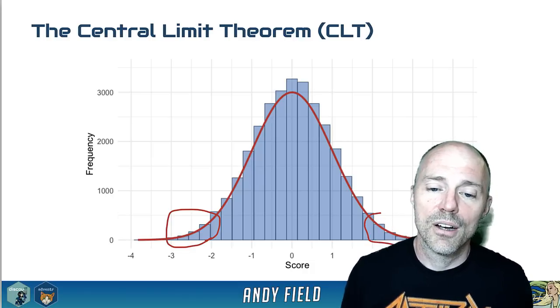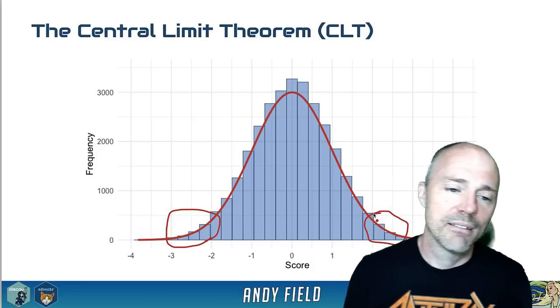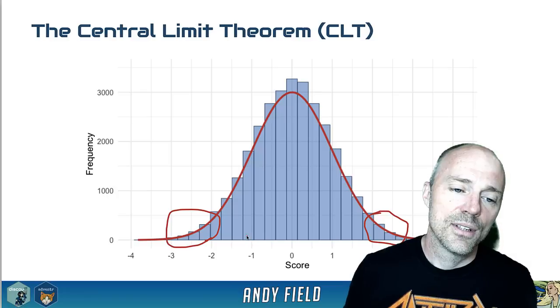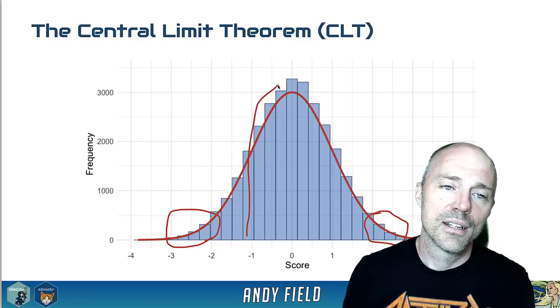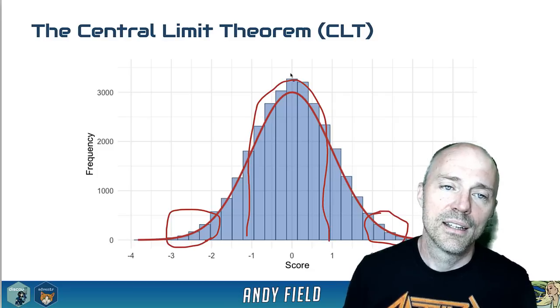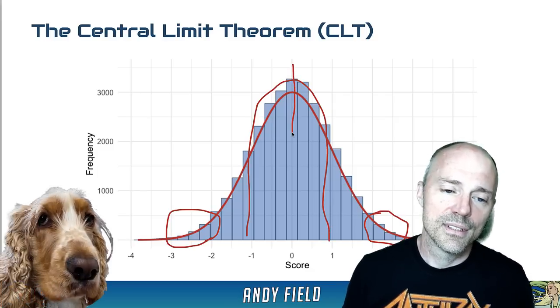So the frequency of high scores is also very small, and you get the bulk of scores occurring in the middle of the distribution, and it's symmetrical.